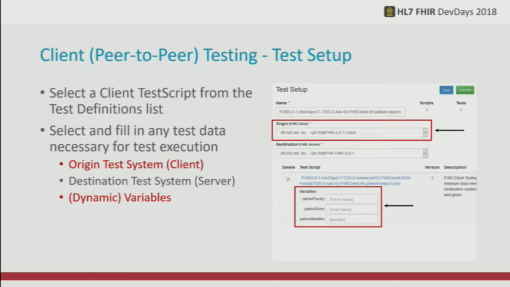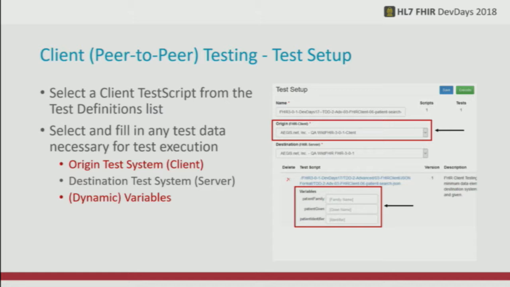As an example of how you set that up, the test script is defined with what we call origins and destinations. So there are some elements within the test script that define this. If you don't define origin and destination, Touchstone or the FHIR test engine assumes one destination, a server. Okay? So Touchstone will always prompt you for at least one server, but if you define origin in there, it'll actually prompt you for an origin system, meaning a client system.